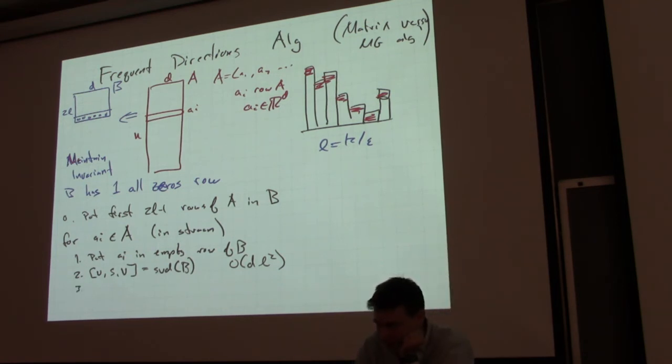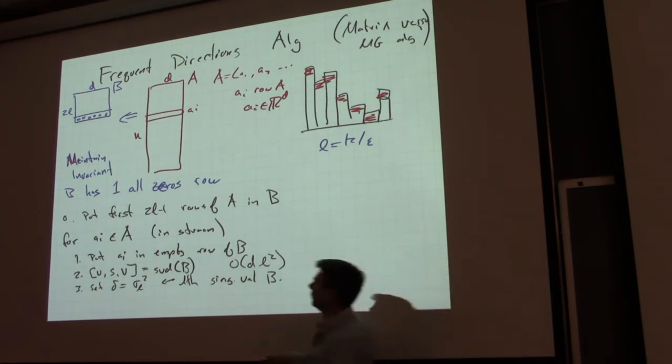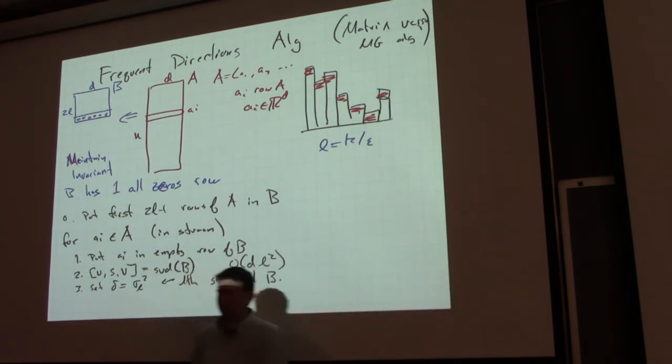Okay, I'm going to set delta equal to sigma_L squared. This is the Lth singular value of B. So I'm going to take the Lth singular value of B and square it, and this is going to be delta.